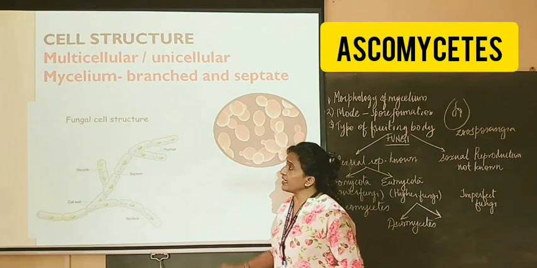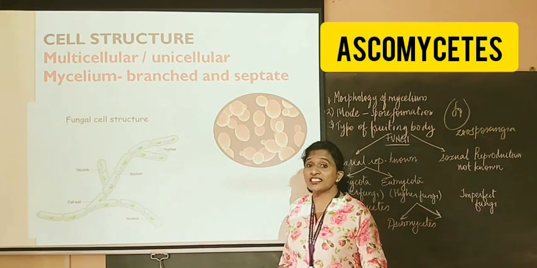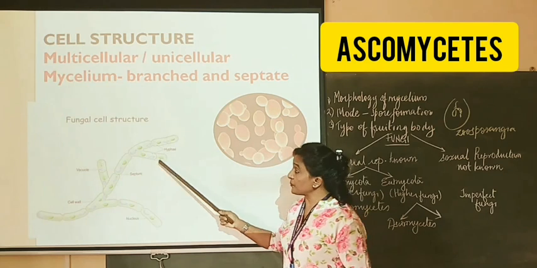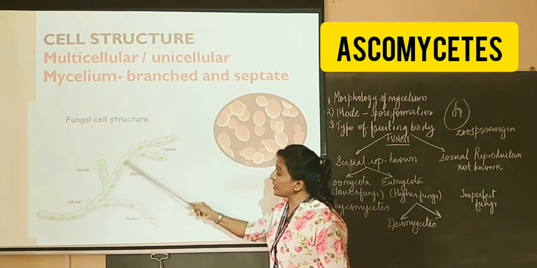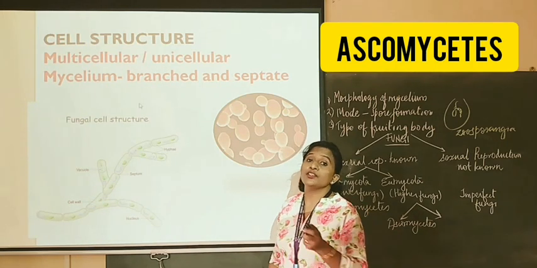The mycelium is branched and it is septate. PHYCOMYCETES we had discussed, it is aseptate. These species are septate, that means there are cross walls present, and they are multicellular. Each cell will have one nucleus.